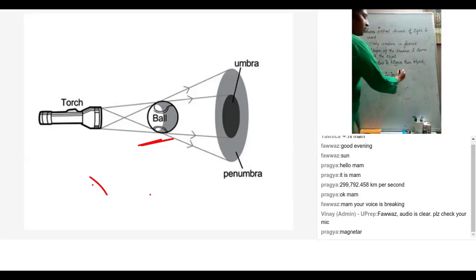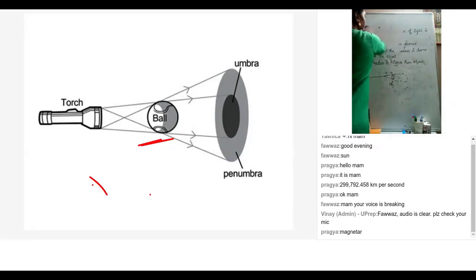Students, do not misunderstand it as the shadow going smaller than the object, because the shadow is always bigger than the object. Initially it became very big and now it has become small, but not smaller than the object.